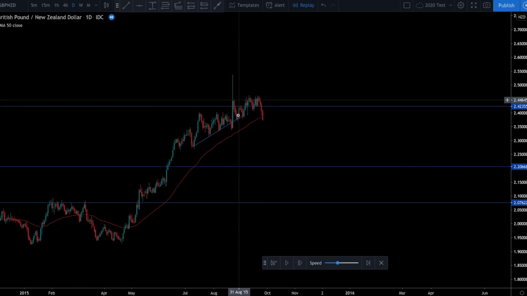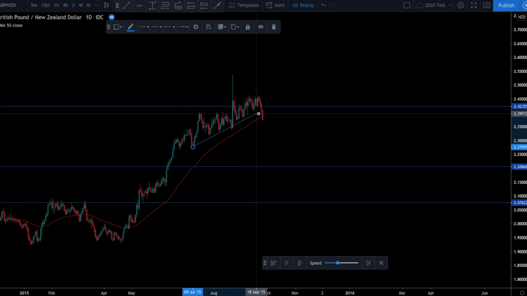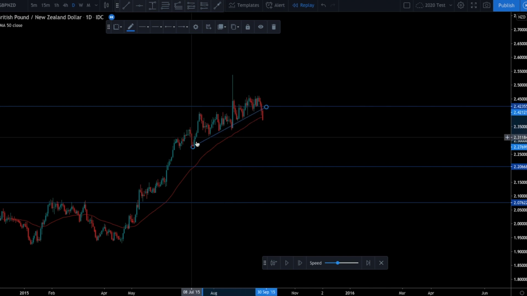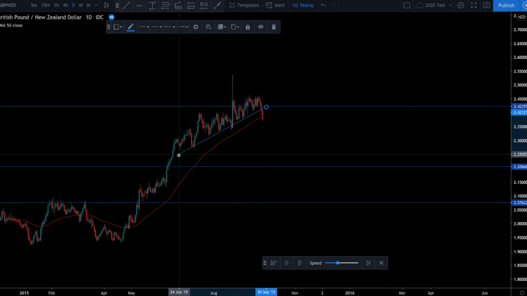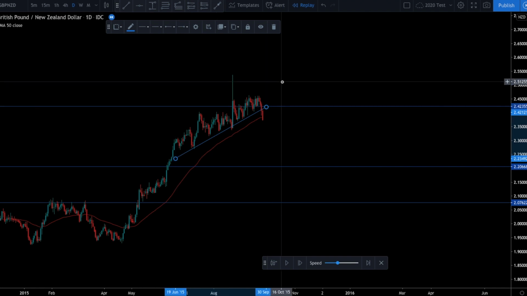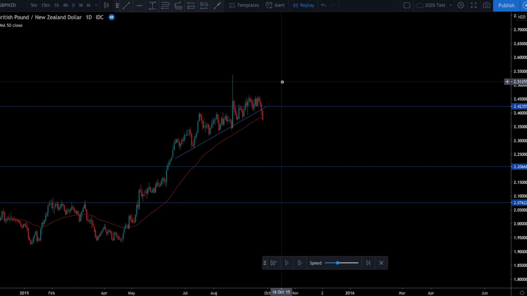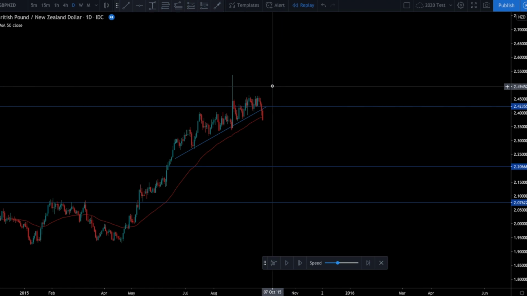Okay, so now this is looking good for a short. Now again, right now we're not using the lower time frames, which are very helpful for timing these types of trades.